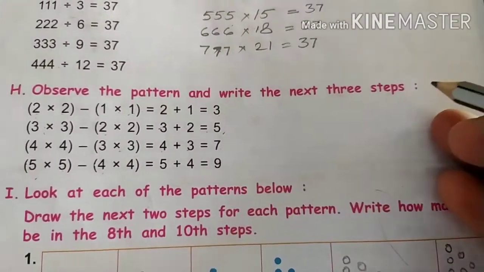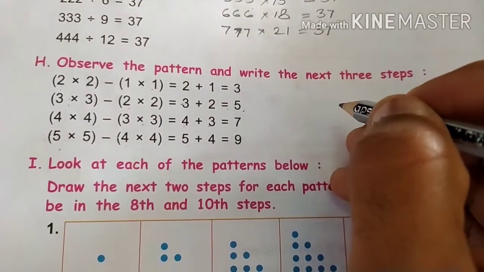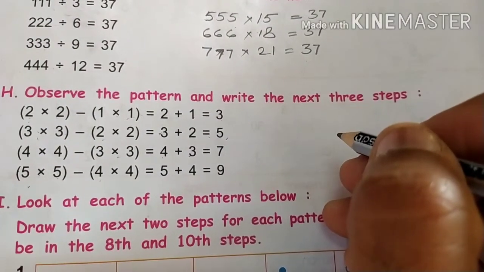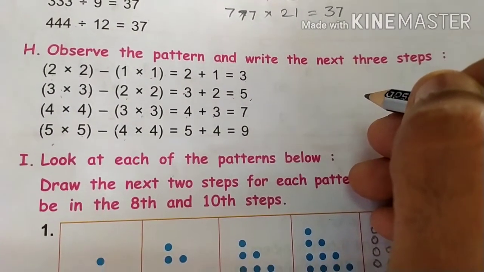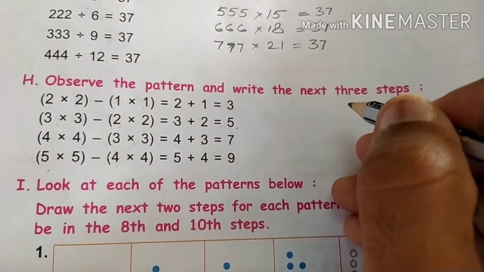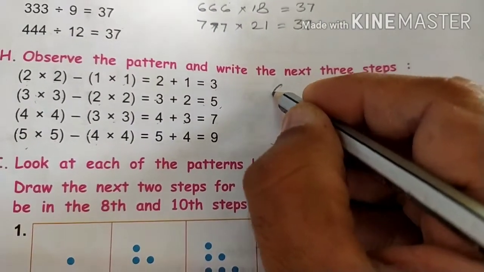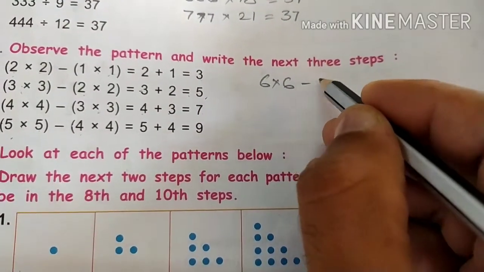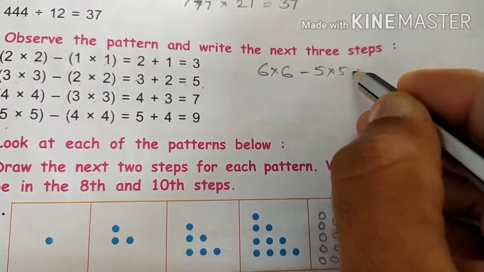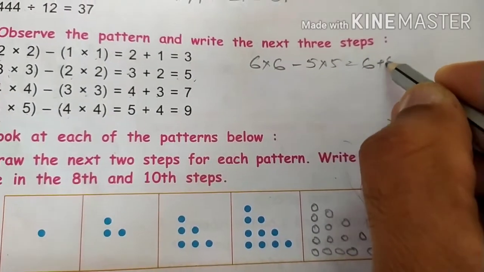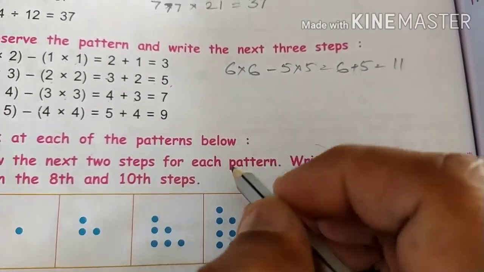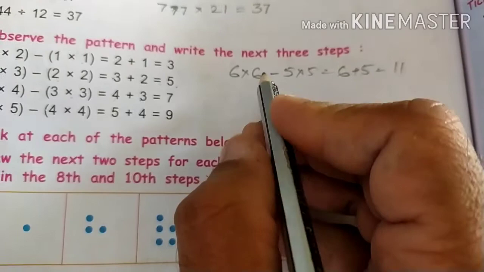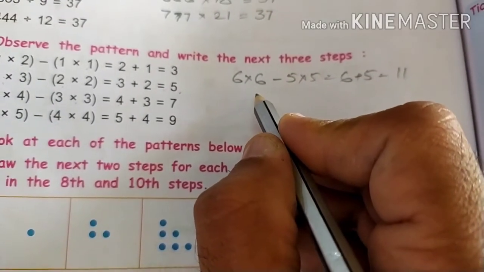Now we have to write the next 3 numbers. We have already done 5 and 4, so we'll go for 6 and 5. The bigger number you will write first, 6 into 6 minus 5 into 5, you will get 6 plus 5, that is 11. Is that clear? Now next is 7 and 6.